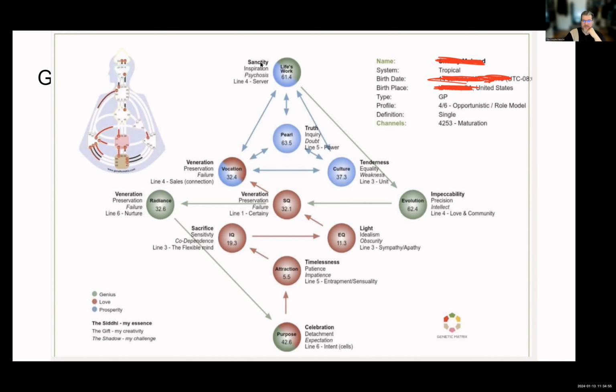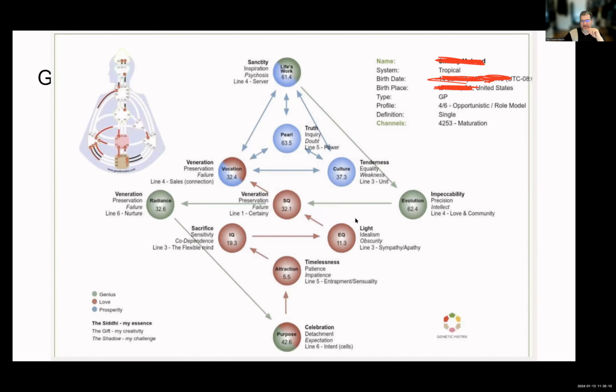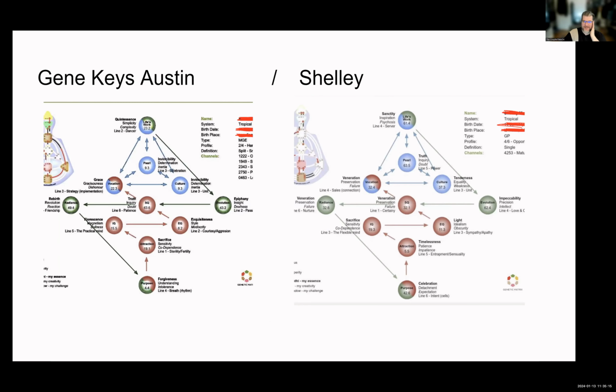Shelley's shadow, if she's not in her sanctity, is psychosis. And what does that do? That flares up my intolerance, or vice versa. So it's interesting to see how these interplay between me and Shelley. It's related to Human Design, based on astrology too, but I wanted to give you a little preview of that.